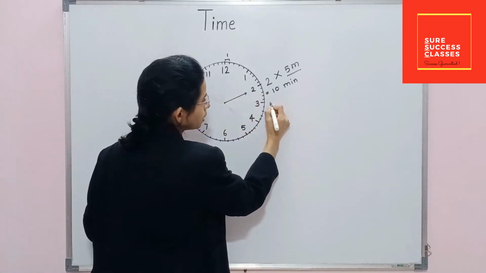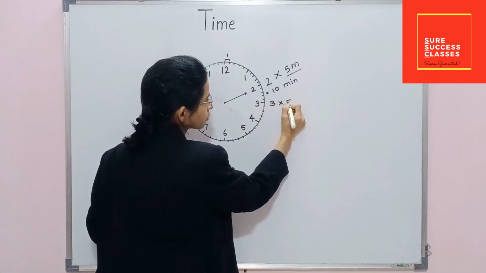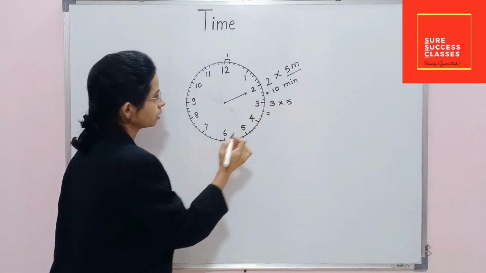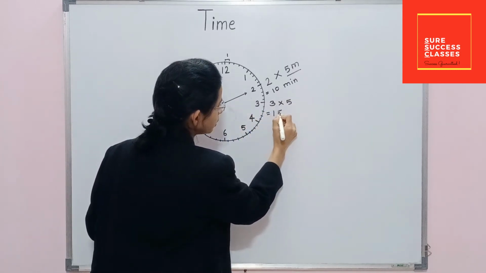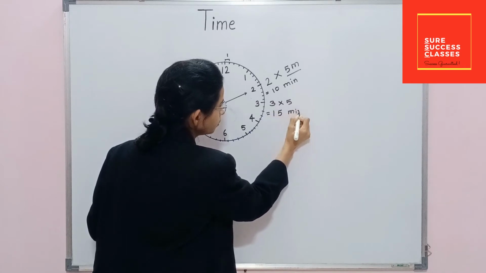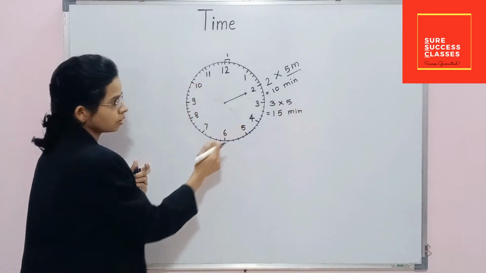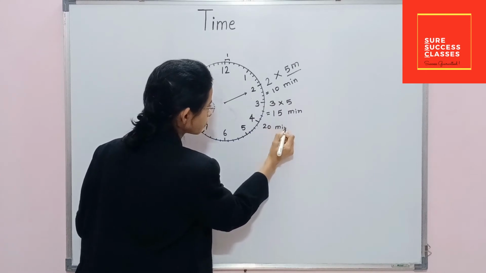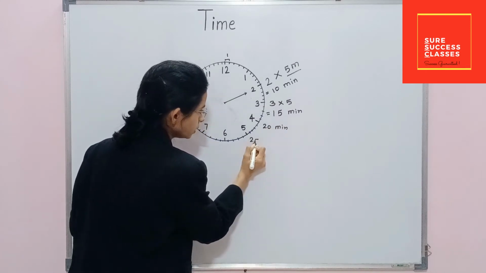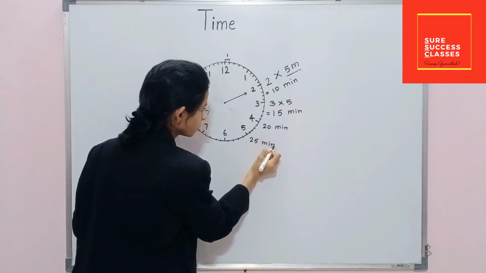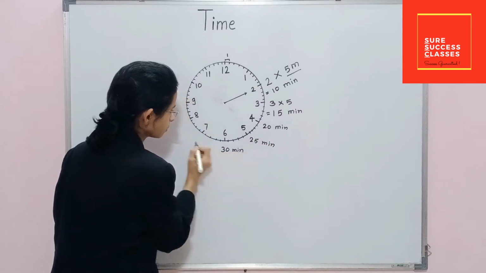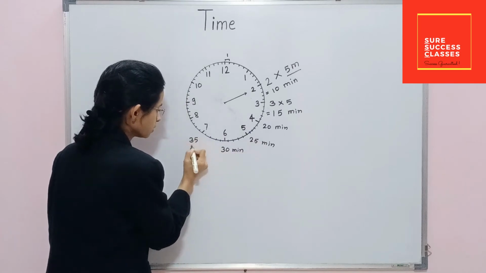We can similarly say, if the minute hand is at 3, then the time will be 15 minutes. Here it will be 20 minutes, 25 minutes, 30 minutes, 35 minutes.